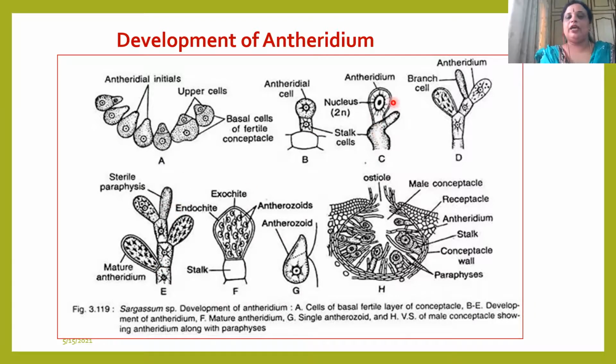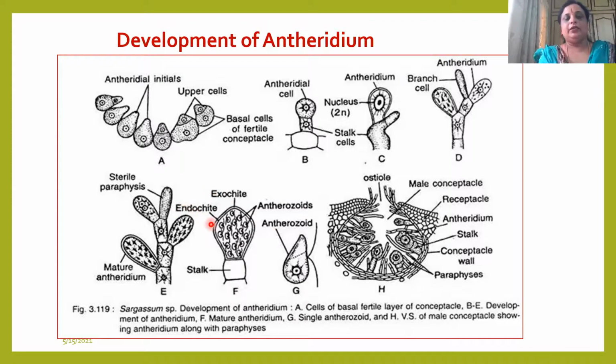Coming to the antheridium, its nucleus, which is diploid, undergoes one meiotic division followed by many mitotic divisions. That is, 64 nuclei are formed. In each antheridium you could expect 64 antherozoids, that is, 64 male gametes. This antheridium has two wall layers, remember, exocyte and endocyte.